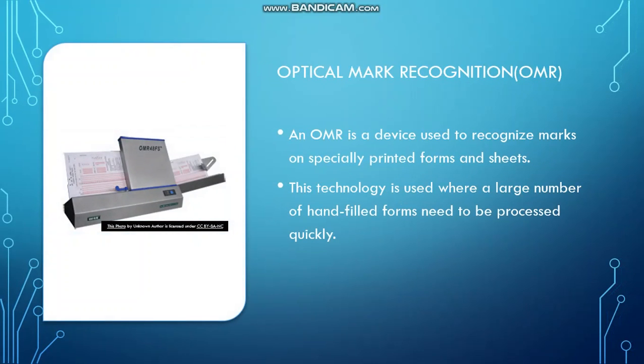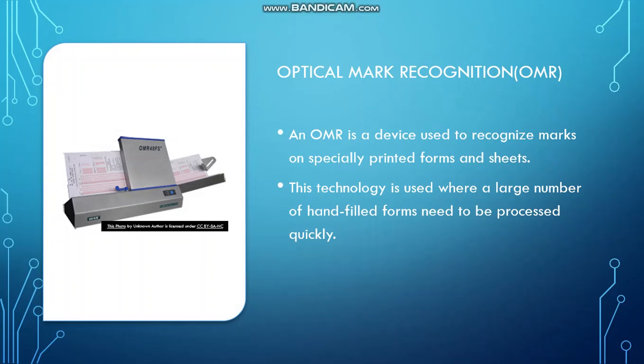The next input device is optical mark recognition, or OMR. We use an OMR sheet in a competitive exam like the JEE exam. An OMR is a device basically used to recognize marks on specially printed forms and sheets.